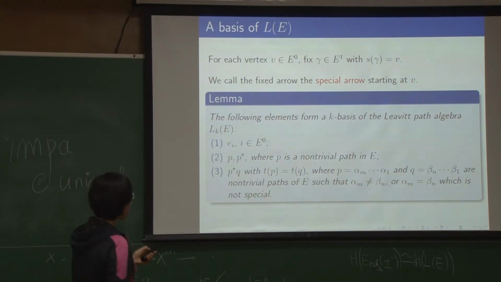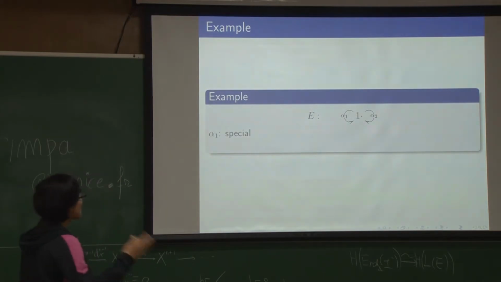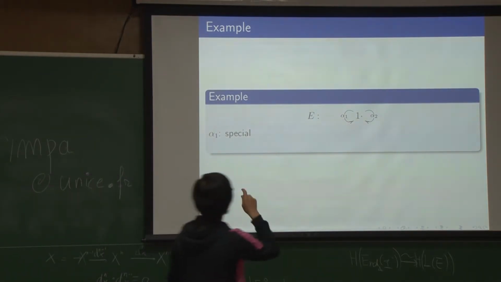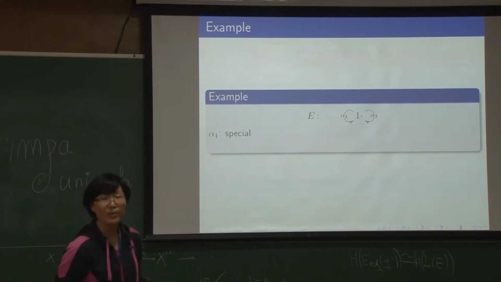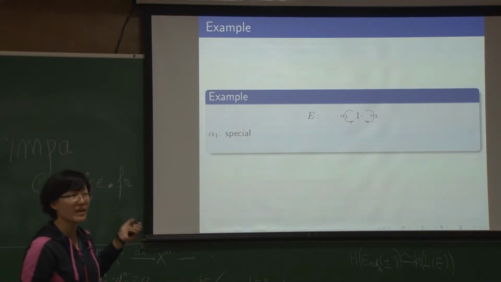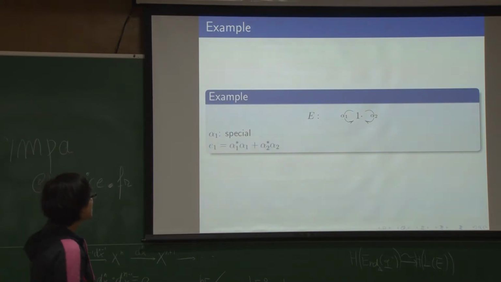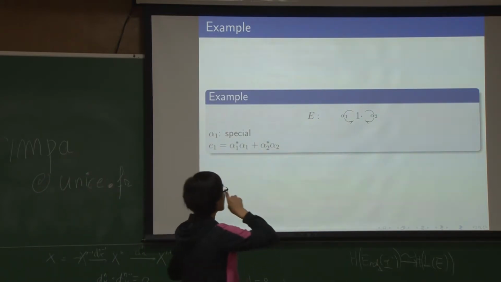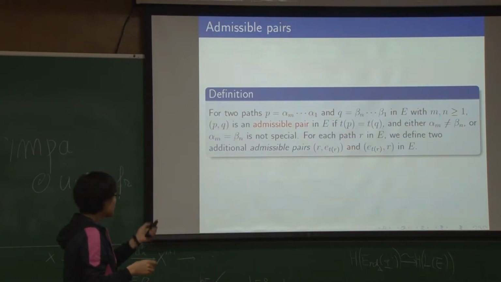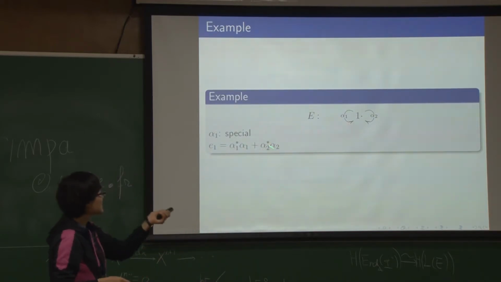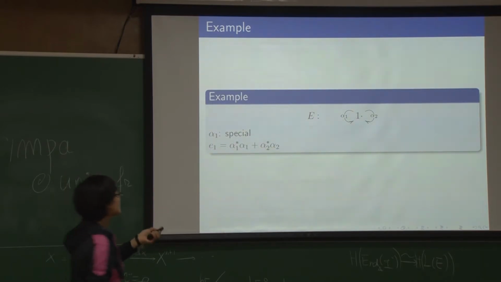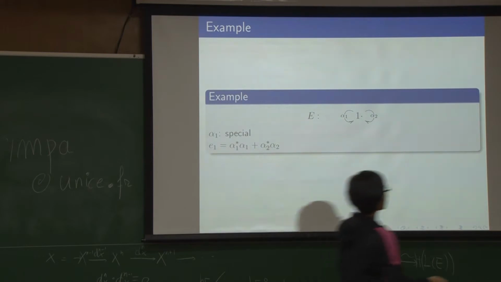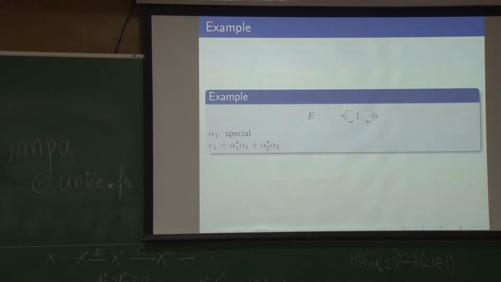So let's see an example, to have a feeling of what kind of elements are basis elements in the Leavitt path algebra. Here, we just have one vertex and two loops. We choose alpha_1 to be special. So by this lemma, we know that we have a basis. Because this is our CK2 relation, I should first see that. For this graph, we know that e_1 is a basis element.